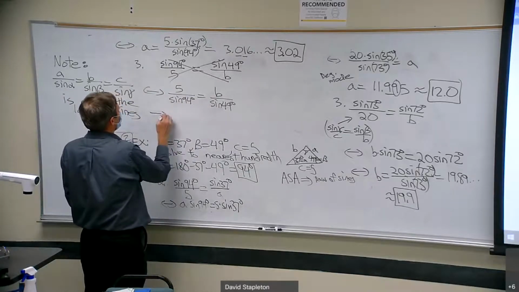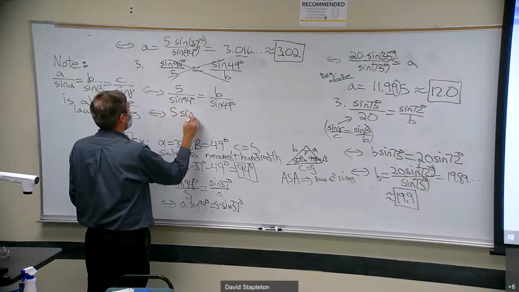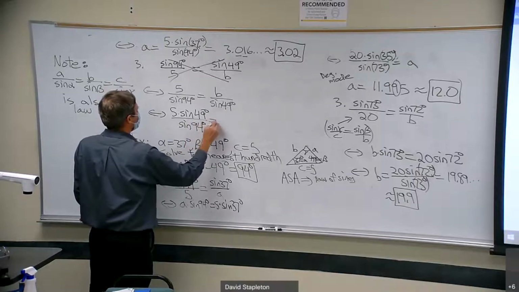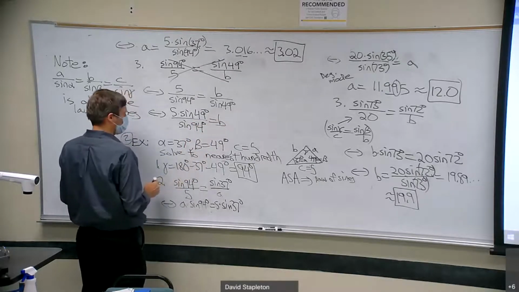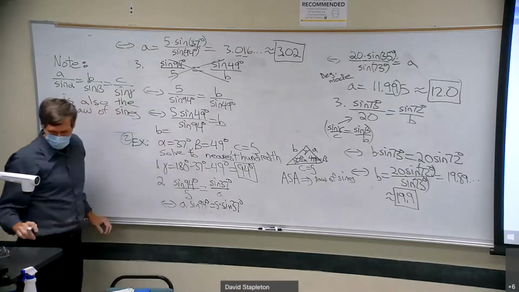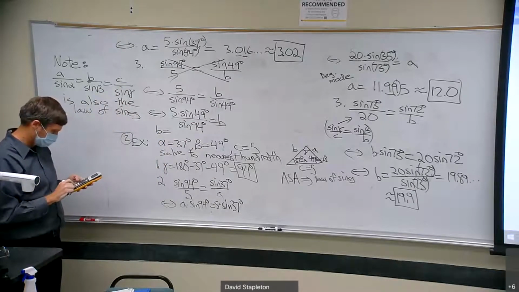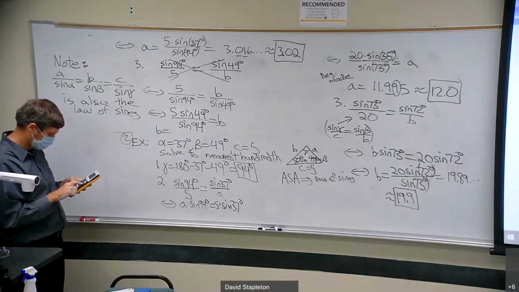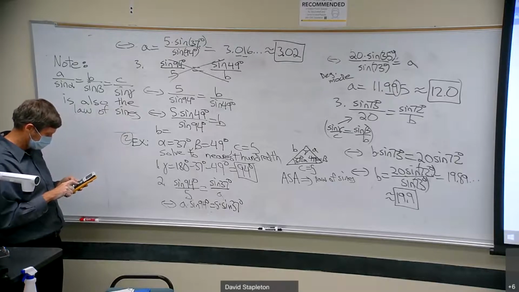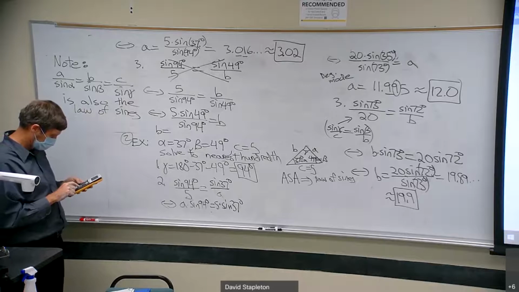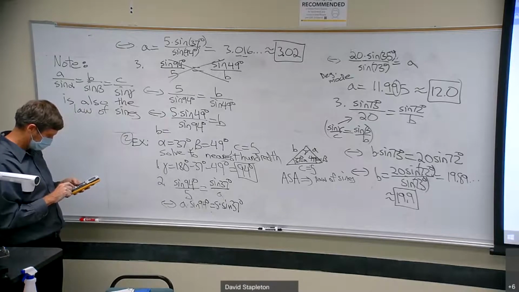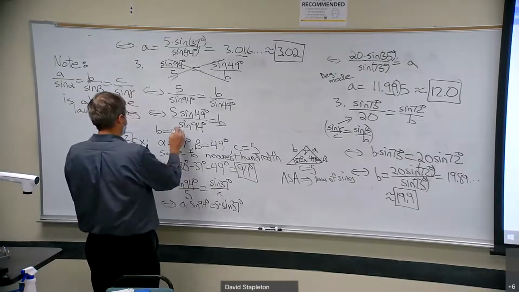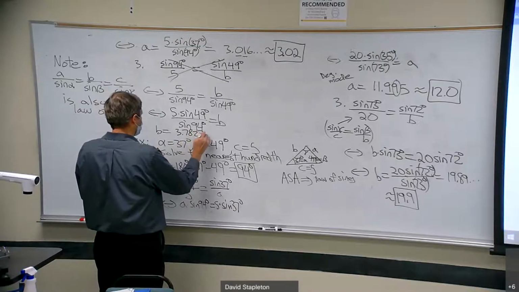It's multiplied by sine 49 on each side. I've got 5 times sine 49 degrees over sine 94 degrees is equal to B. I run that on the calculator and get B equals 3.7827, blah, blah, blah.